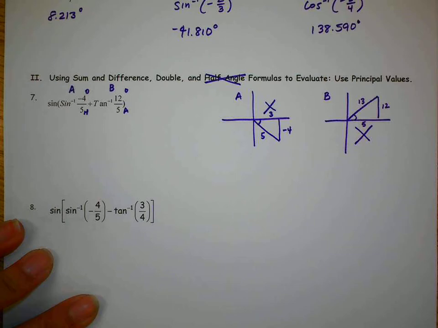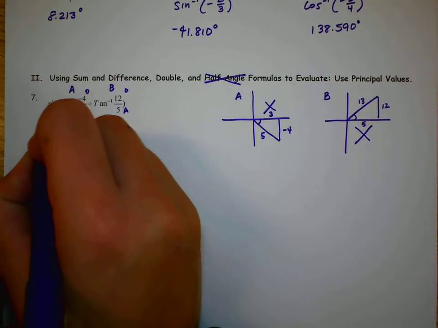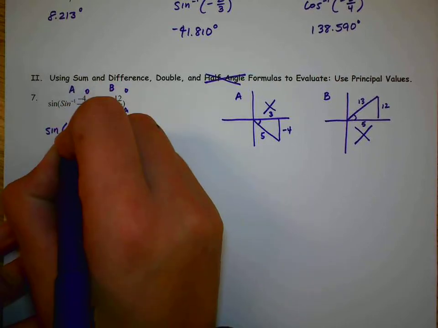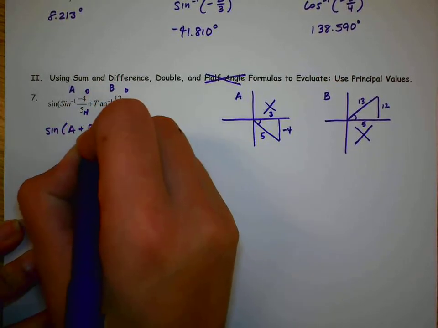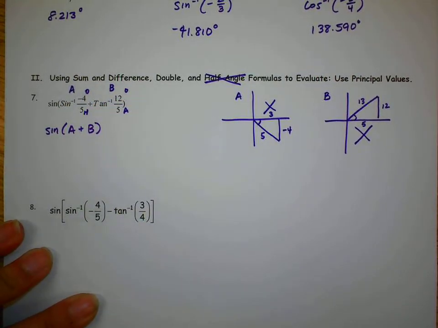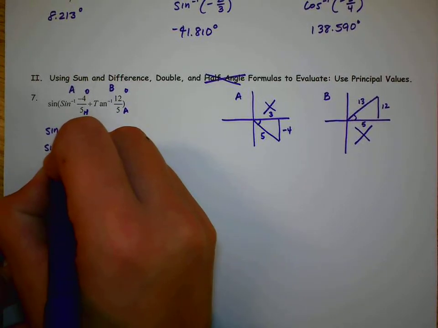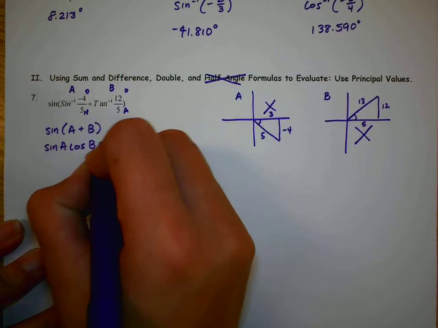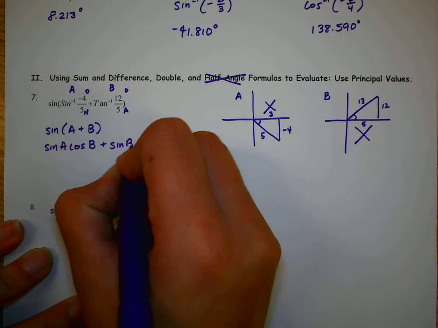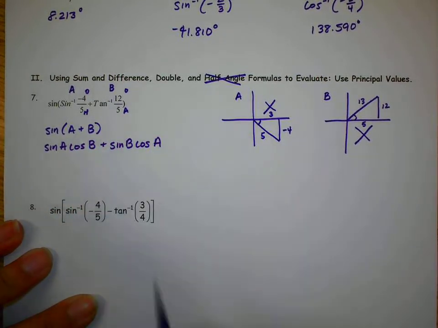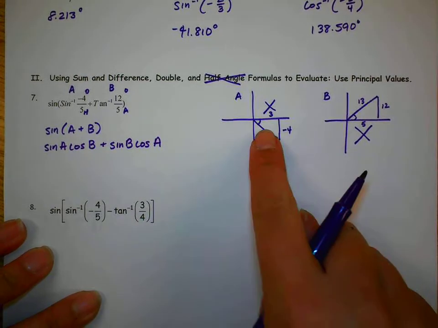We're going to take the sine of angle A plus angle B. Remember, we're going to use the formula sine of A times cosine of B plus sine of B times cosine of A. So we have to look at these pictures.